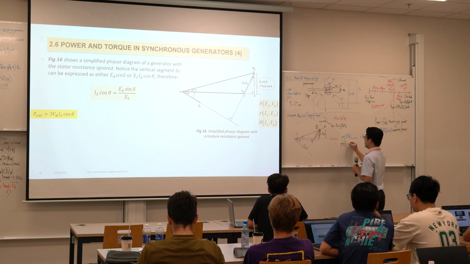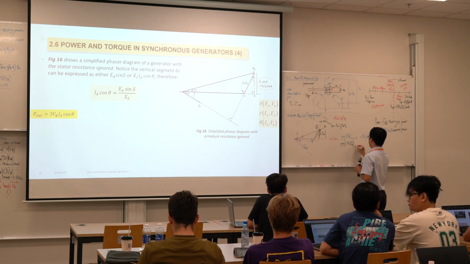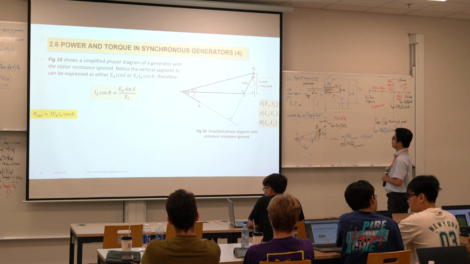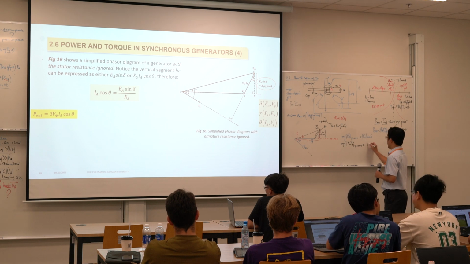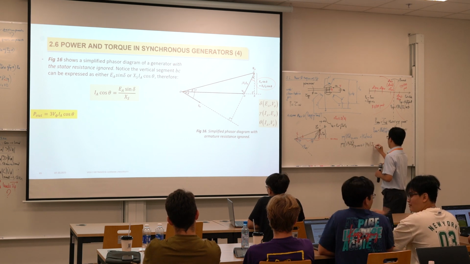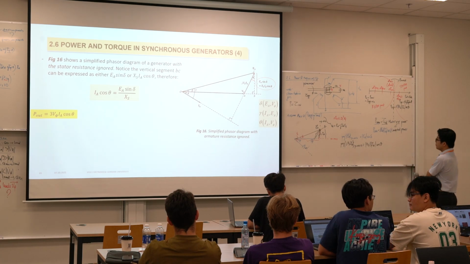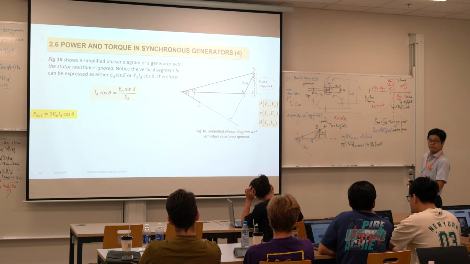The projection of j XS IA onto the y-axis is XS IA cosine theta. Do you agree with me?